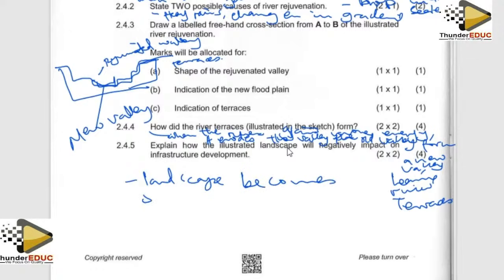Therefore, when it becomes steeper, what happens? It becomes difficult for infrastructure to develop. The valley becomes steeper because now a new valley is eroded in the old valley. So the landscape becomes steeper.